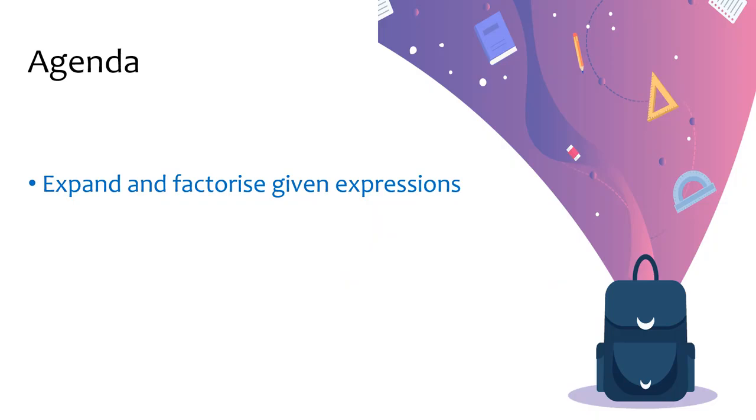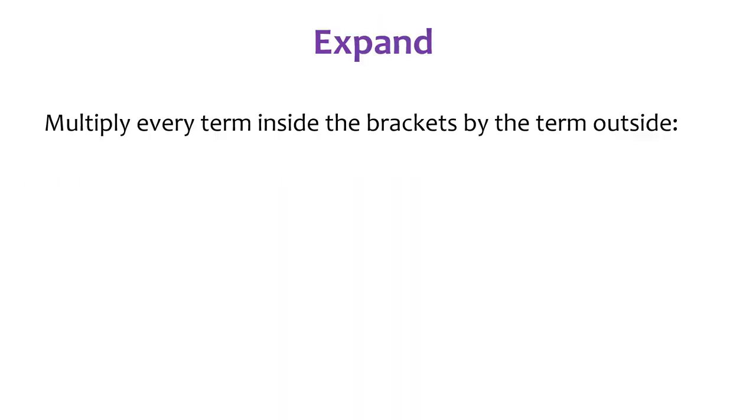The agenda of interest: we are going to expand and factorize given expressions. Now, what do we mean when we say we're expanding? We are multiplying every term inside the brackets with the term that is outside the bracket.